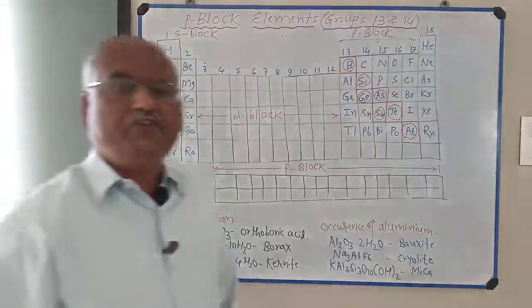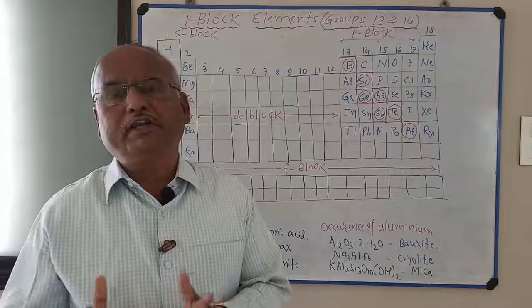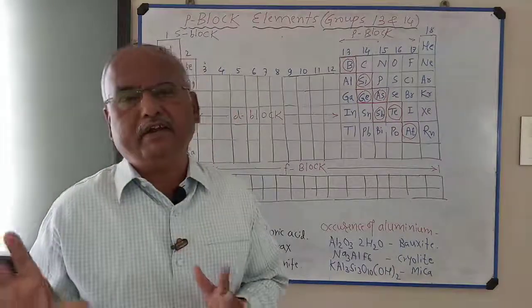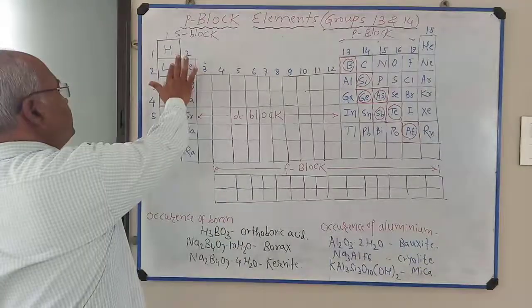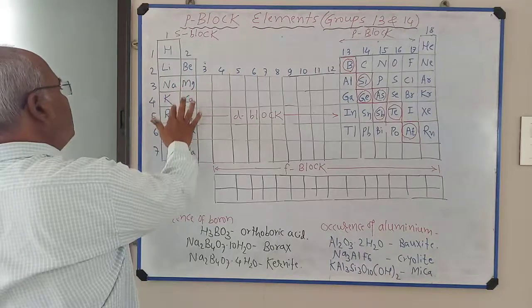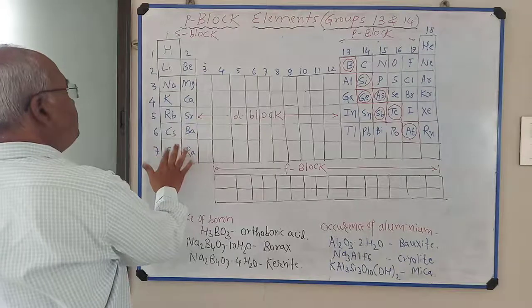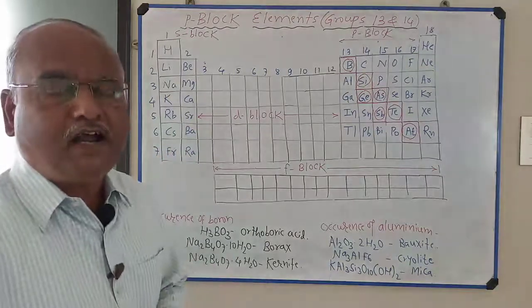On the extreme left of the periodic table S block elements are present. You have already completed S block elements. Here lithium, sodium, potassium, rubidium, cesium and francium are alkali metals.